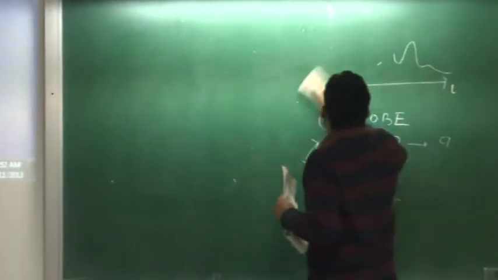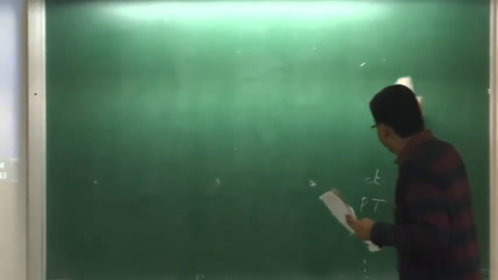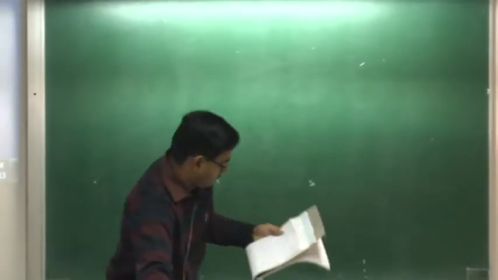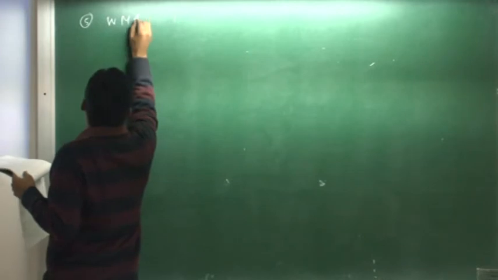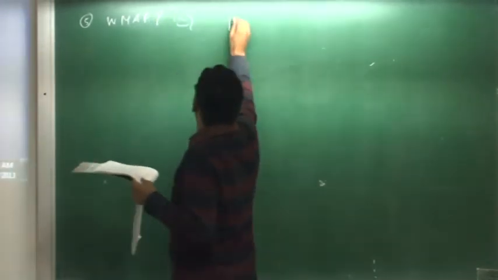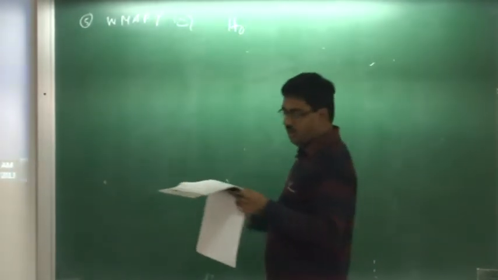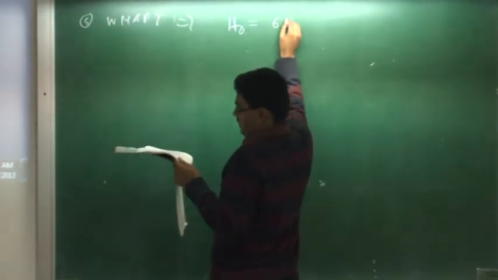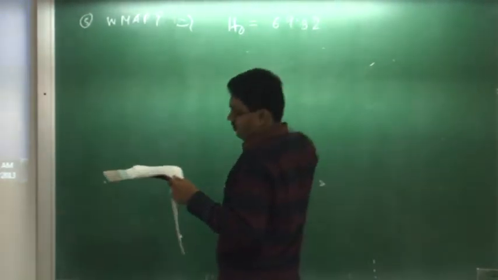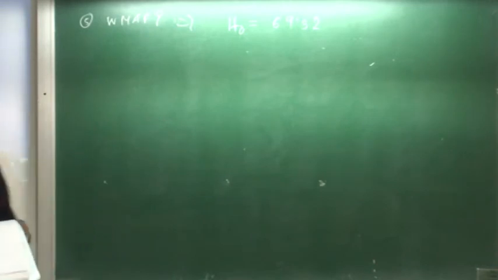Next information you get from CMB, information number 5: once again if you use WMAP9, you get the Hubble parameter as of now is 69.32. This is the value.